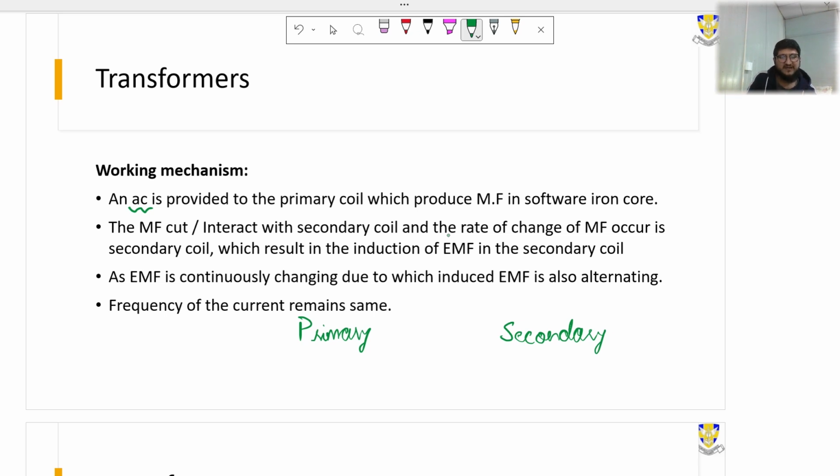Let's suppose it is a transformer in which the primary coil has a total EMF of 18 kilovolts and the frequency is 50 hertz. Afterward, when it enters the secondary coil, now this is a step-up transformer. So let's suppose the EMF is raised from 18 to 500 kilovolts, but still the frequency would remain the same. No one is allowed to change the frequency in the system.